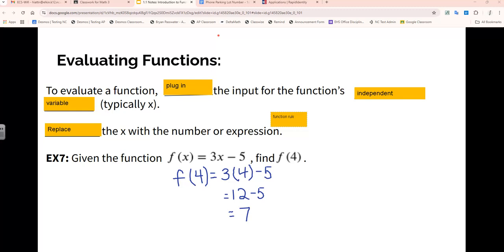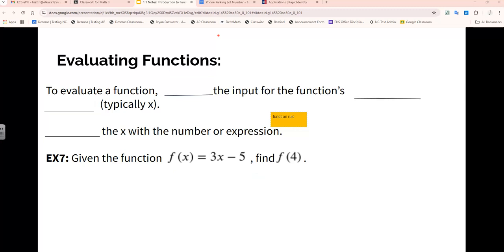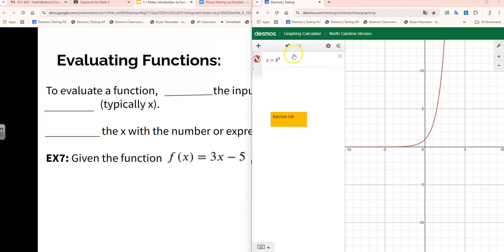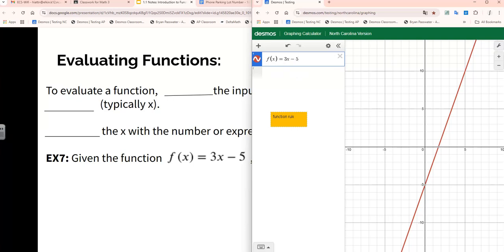Let me show you what Desmos does, because they let us use it. It's like cheating, really. Why will it not do it? Oh, I got to exit the drawing. It is like cheating that they let us use Desmos on everything. So watch this, particularly if it's a more complicated function. You're going to type f of x equals 3x minus 5 into the first line.